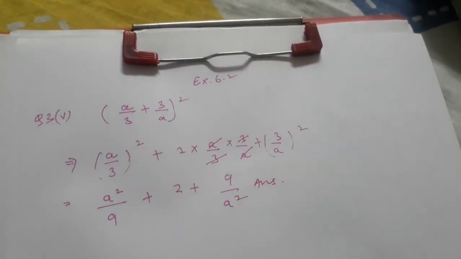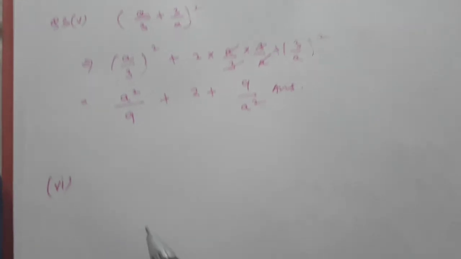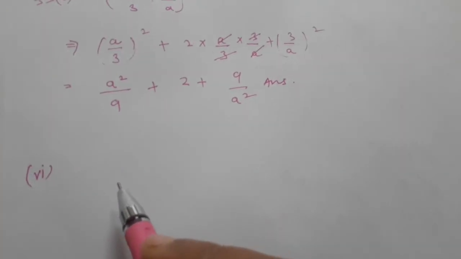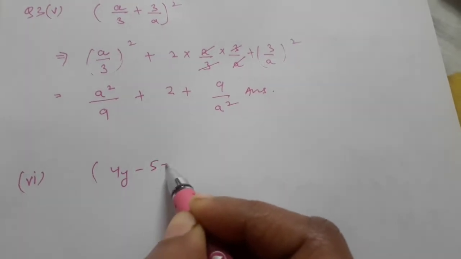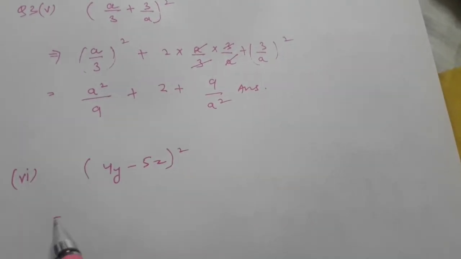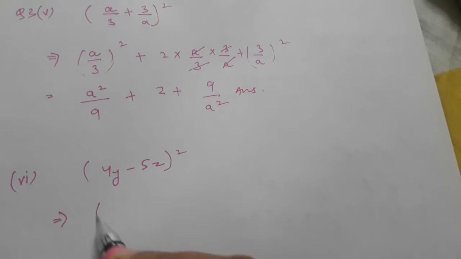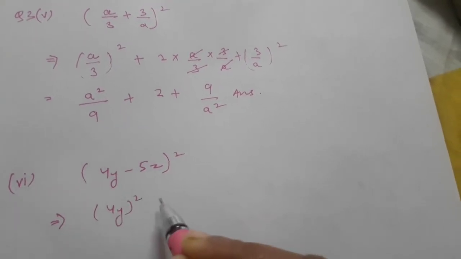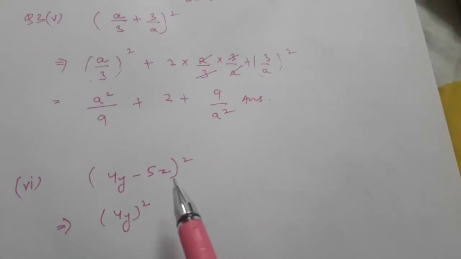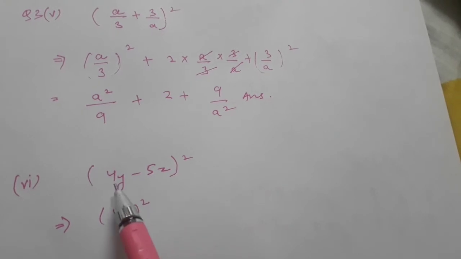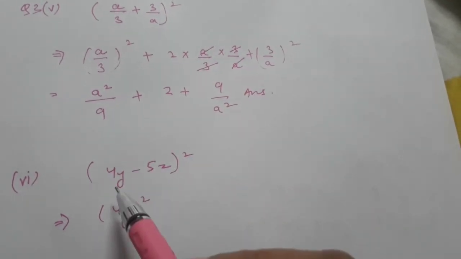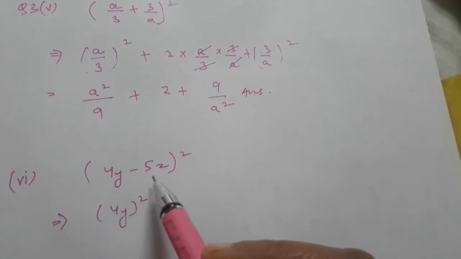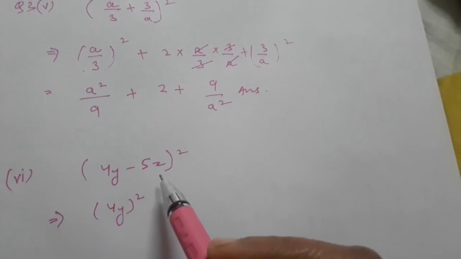Let's move to the sixth part of question number 3. The sixth part is 4y minus 5z whole square. According to the identity, earlier we have solved a plus b whole square. Now from the sixth part, a minus b whole square is given to us.